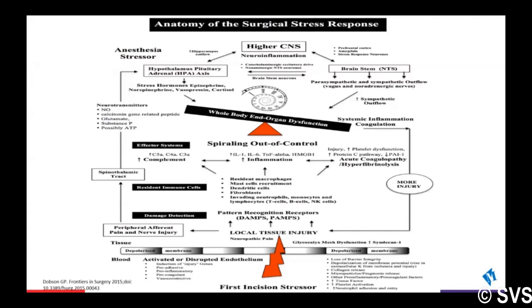Neurotransmitters are involved, and anesthesia stressors are also added, which leads higher up to a central nervous system neuroinflammation. There is also a disbalance between the parasympathetic and the sympathetic outflow. There's also systemic inflammation and coagulation involved. And due to the surgery, the surgical stress, there will be a whole body and organ dysfunction.